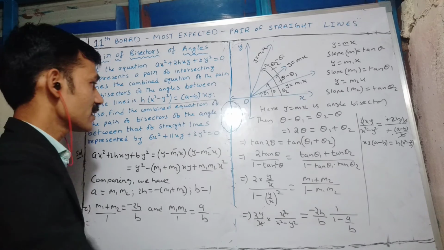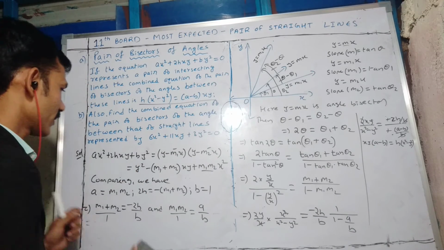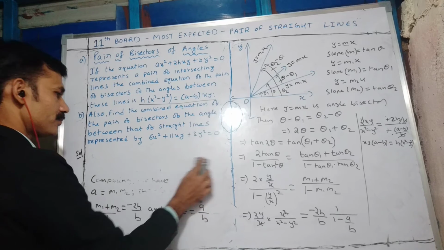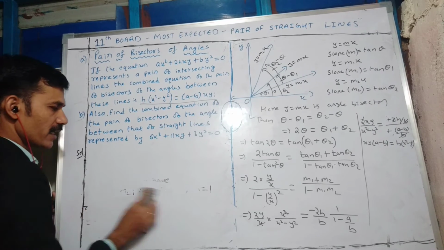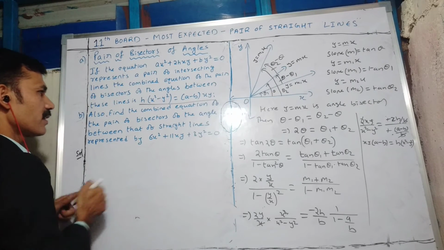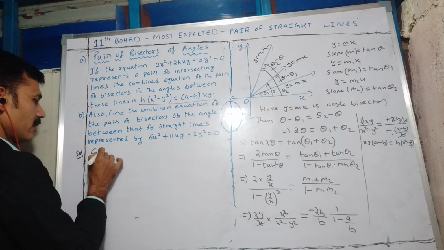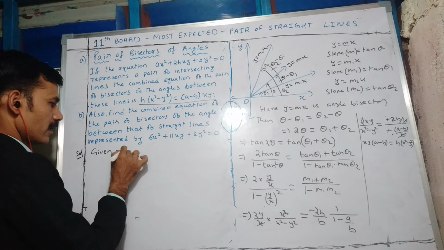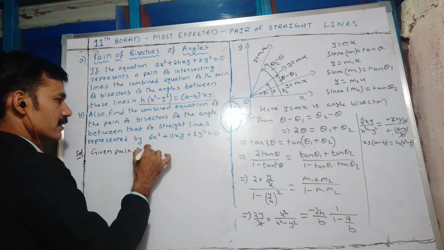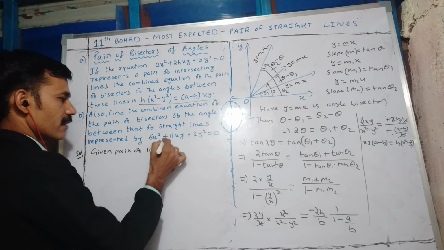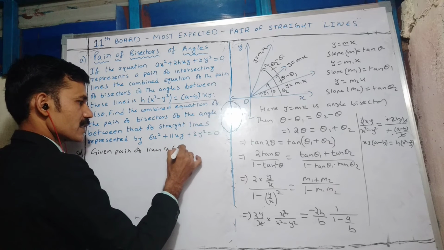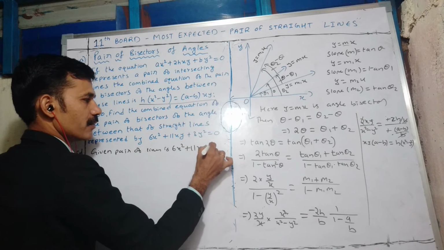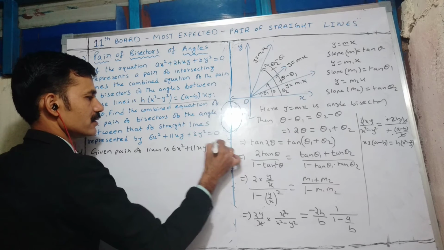After proving this, let us solve one problem. They have given the pair of straight lines 6x square plus 11xy plus 3y square equal to 0.